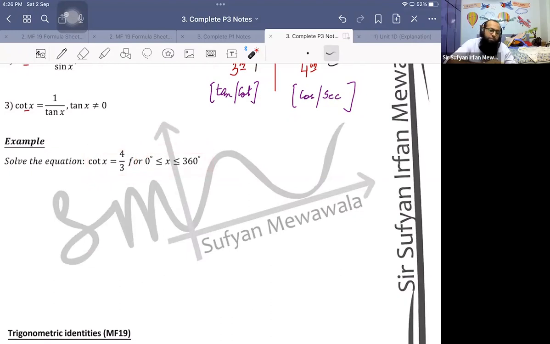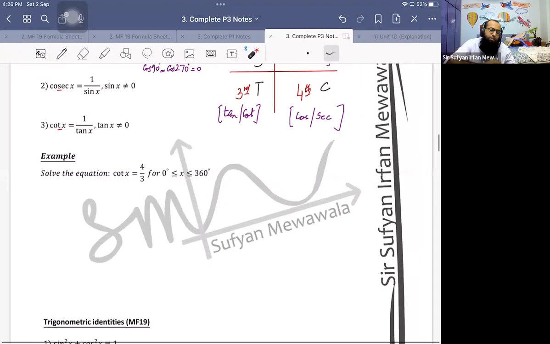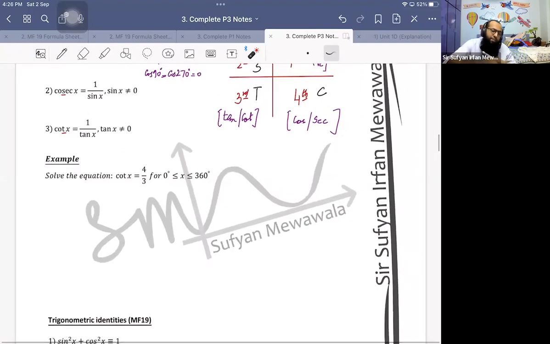So whenever we see a reciprocal function like cot x, and the feature is not available on the calculator, we need to convert it, right? For converting, we can write 1/tan x in place of cot x. 1/tan x equals 4/3, and then cross multiply to get tan x equals 3/4.